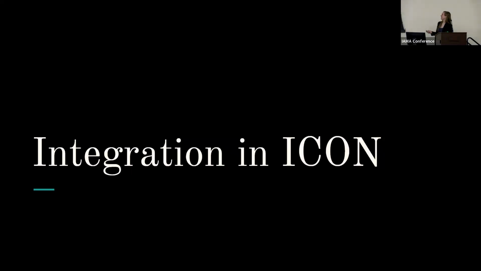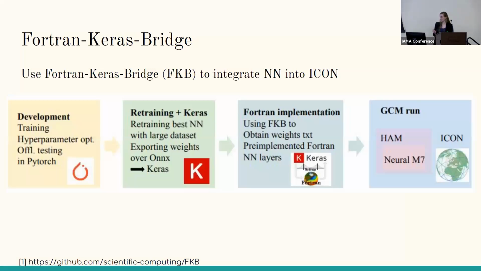And then briefly, let me go through the integration into ICON. We use what was mentioned earlier, the Fortran-Keras bridge. Therefore, we had to change from Python into Keras, but that's not that tricky. You can export your weights, and then they're just pre-implemented layers. And because we use a fairly simple architecture, that was pretty straightforward.